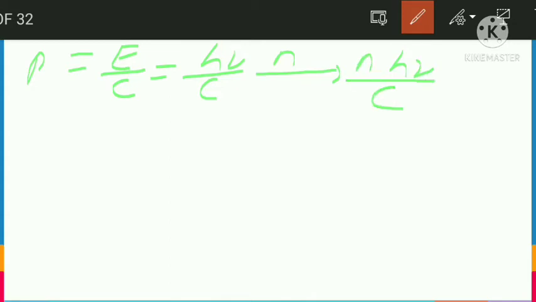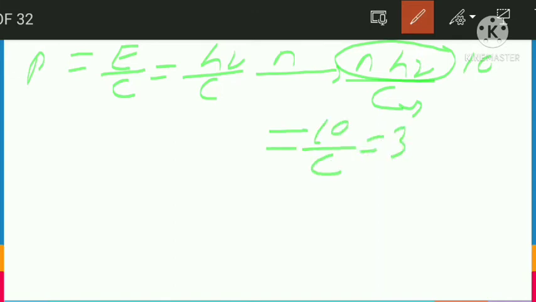This value, n h nu, is given, which is 10 joule. Then it comes to be 10 by c. This comes to be 3.3 × 10^-8 Newton second. This is the unit. So this is the total momentum exerted on the surface per second.